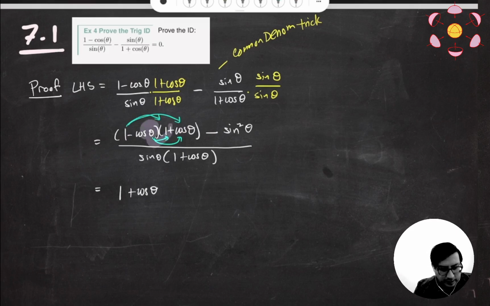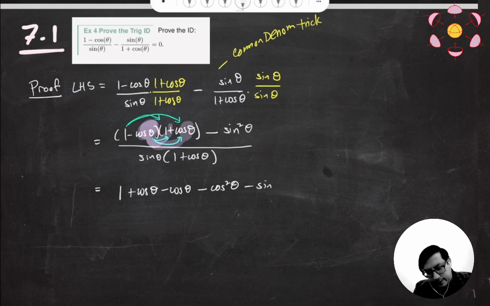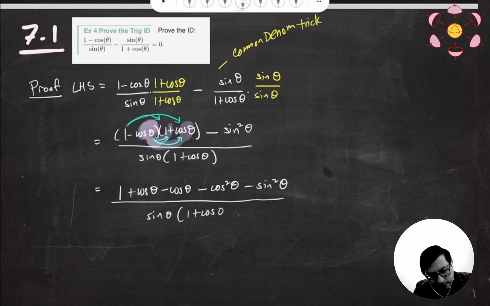We're going to get minus cosine theta times 1, so that's just a minus cosine theta. And then one more FOIL, minus cosine theta times cosine theta is minus cosine squared theta. All right, so those are our 4 terms from FOILing. Then we get minus sine squared theta that we still have to carry. All right, divided by, keep the last piece untouched.